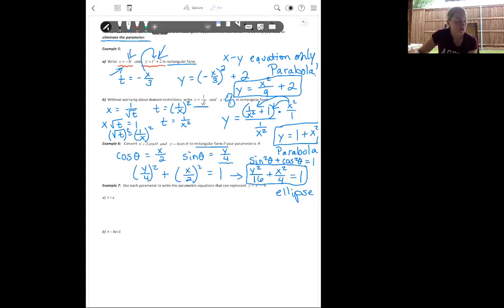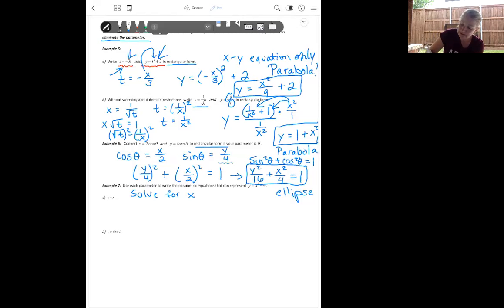All right, we are down to example 7. Use each parameter to write the parametric equations that can represent y equals x squared minus 4. Now, it gives us the parameter that it wants us to use for t. So on the first one, t equals x. Well, whatever you're given for t, you need to solve it for x.